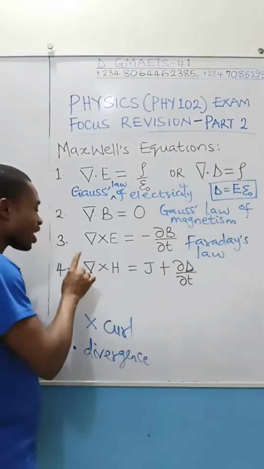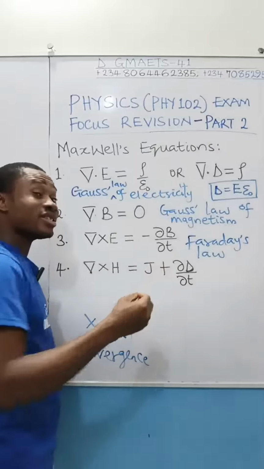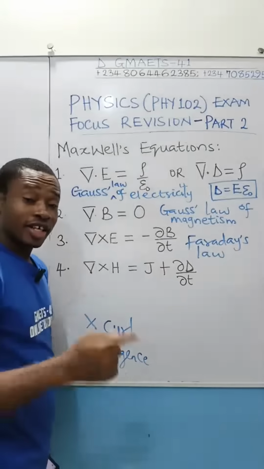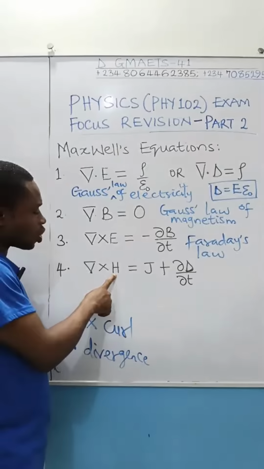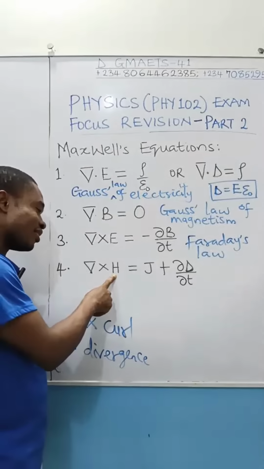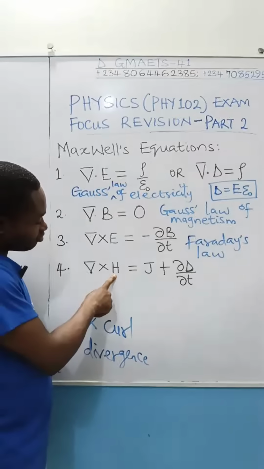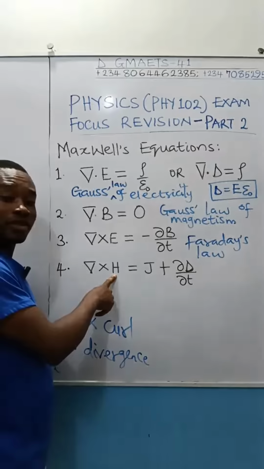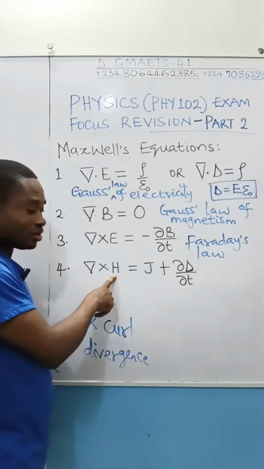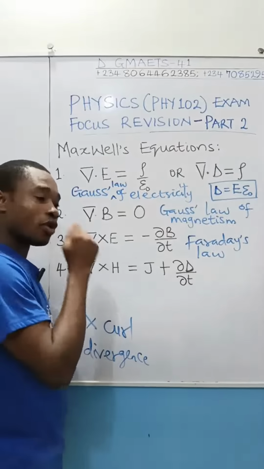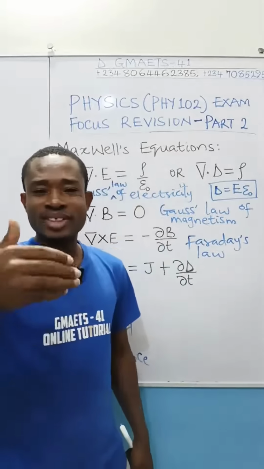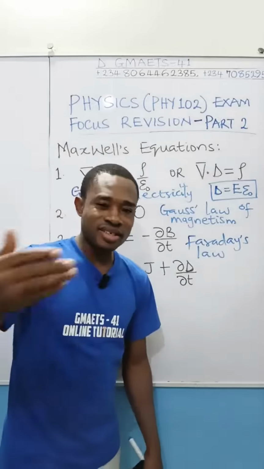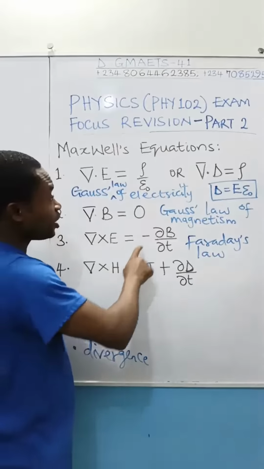All right. So this last Maxwell's equation is telling us that the curl of this H. This H is actually called the magnetic field intensity, or flux density.